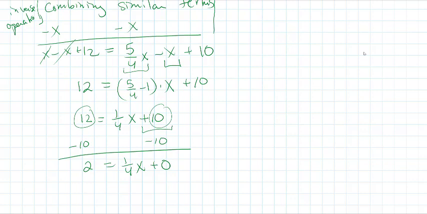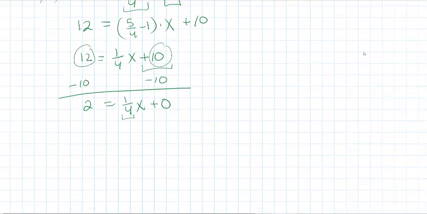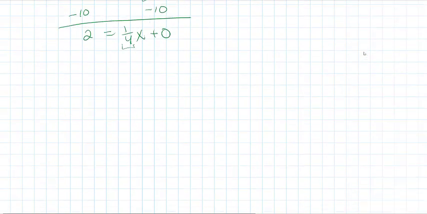Finally, we have one more operation to do. We have a quarter here. So we're basically dividing x by 4. In order to remain with just x completely isolated on the right, we have to multiply both sides by 4.